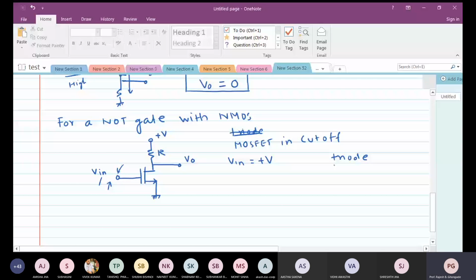So I will design this current such that VDS is very small. And when VDS is small, what is the situation? We have already seen the output characteristics. So this is your VDS, this is your ID, and you have such a kind of curve.